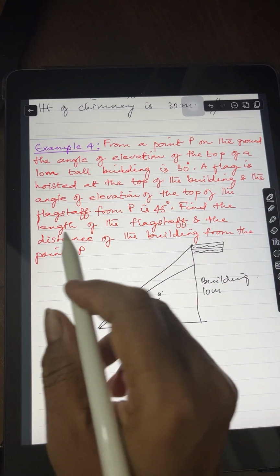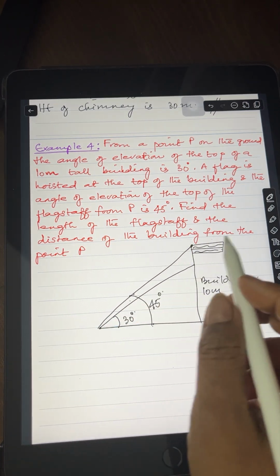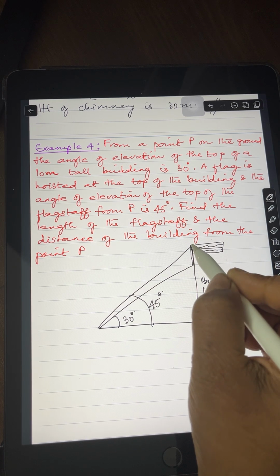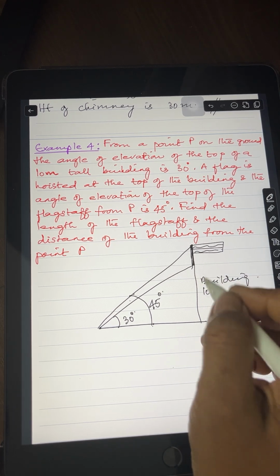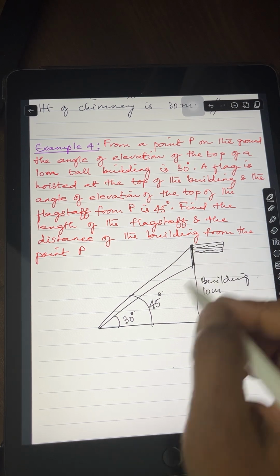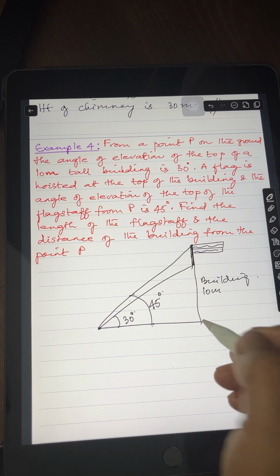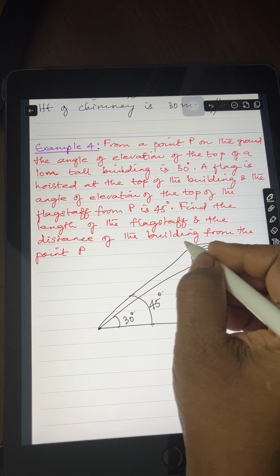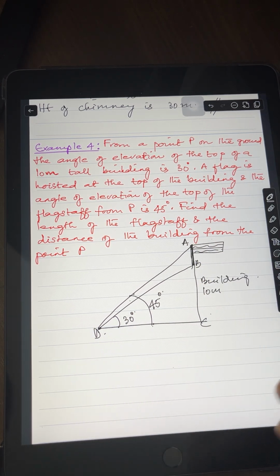Clear? Find the length of the flagstaff and the distance of the building from the point P. So you will have to find the length of the flagstaff, because already you have the building as 10 meters. And you will have to find the distance between the point and the building. So you will have to name it A, B, C, D. Clear?